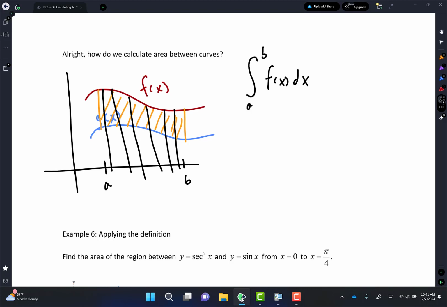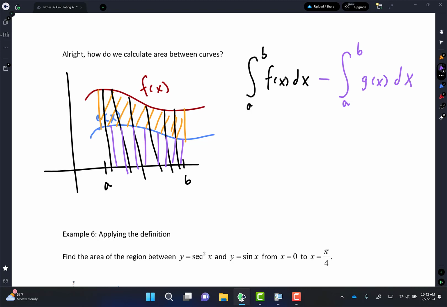That sky blue is below that curve. Then if I subtract this in purple, that will give me the burnt orange, won't it? So minus the integral from a to b of g of x. Did that make sense to you guys?